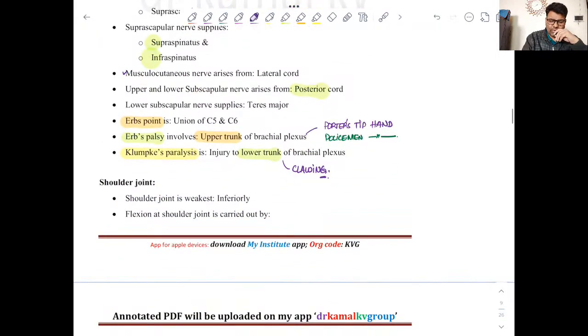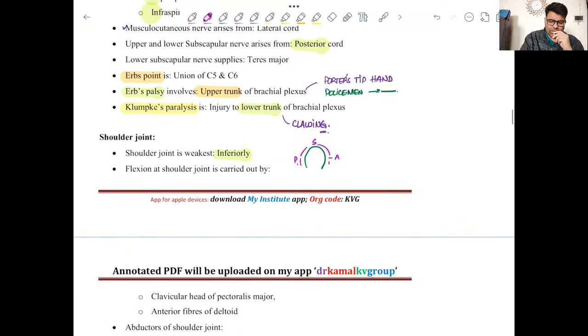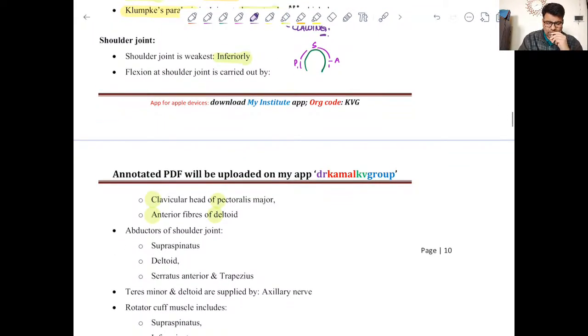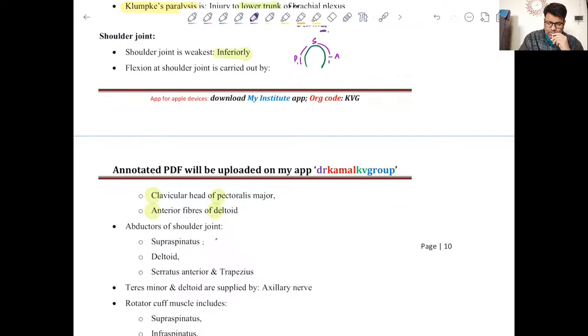Moving forward to the shoulder joint, it is weaker inferiorly because, if suppose this is the shoulder joint, anteriorly, superiorly and posteriorly there is the rotator cuff. So the rotator cuff strengthens it. Now flexion at the shoulder joint is carried out by the clavicular head of pectoralis major and anterior fibers of deltoid. Abduction is very important because at different degrees, different muscles come into play. Supraspinatus brings about 0 to 15 degrees of abduction.